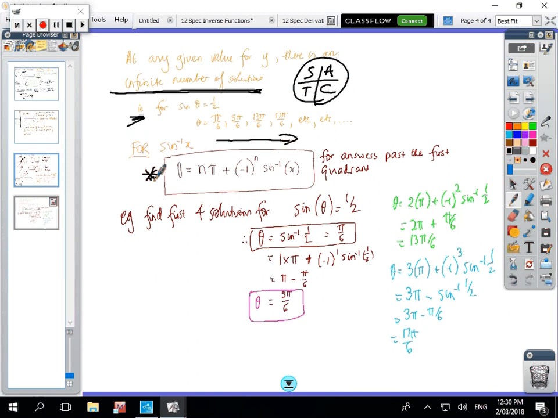The first quadrant is straightforward, and after that we can use this formula, changing the value of n to work out other values. For instance, the first value for 1/2 is pi on 6. Then for the other values you put n equals 1, n equals 2, n equals 3, and you can generate the other values I had up here.